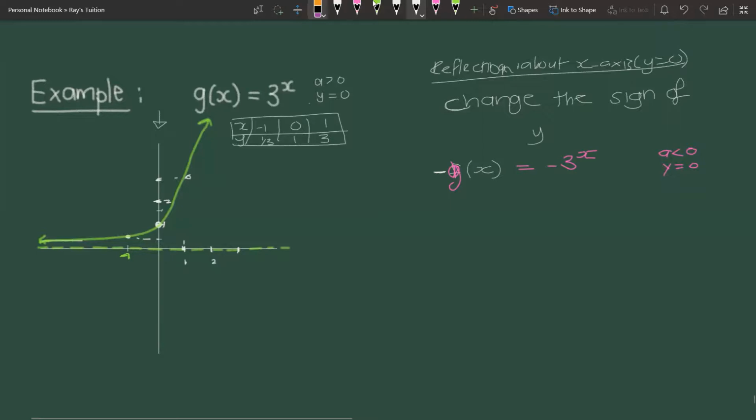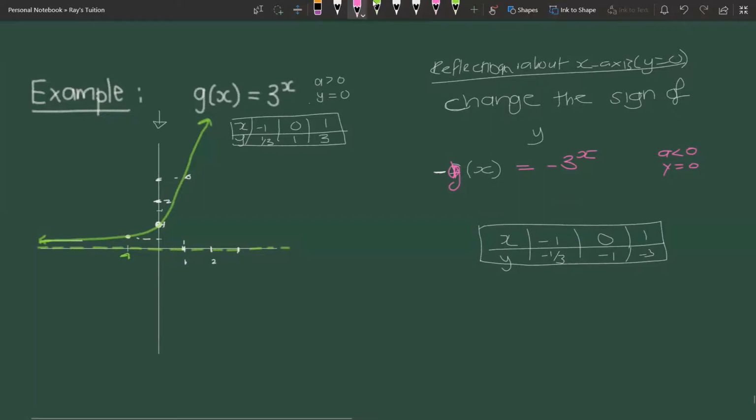So if we have to plot this graph's equation, again, I like to choose the first three x-values, minus 1, 0, 1, and then we plot y. So now we'll get minus a third, minus 1, and minus 3. That minus changes the sign of all of our y coordinates.